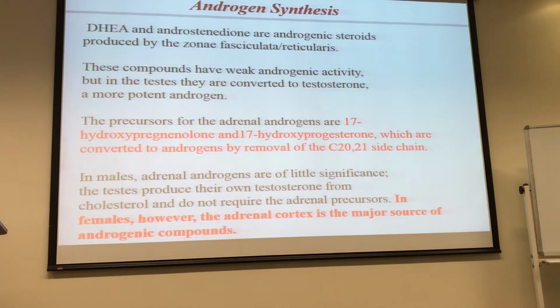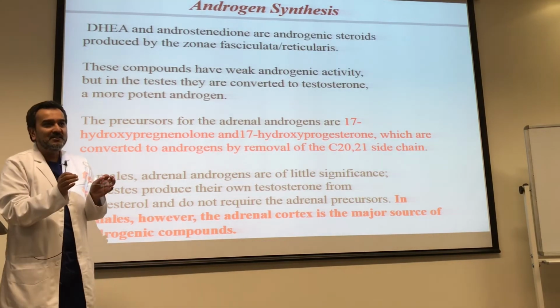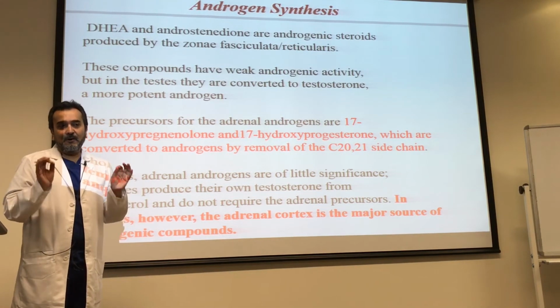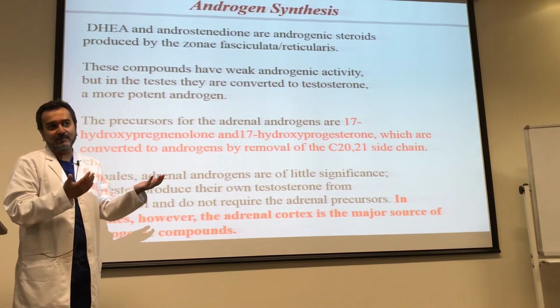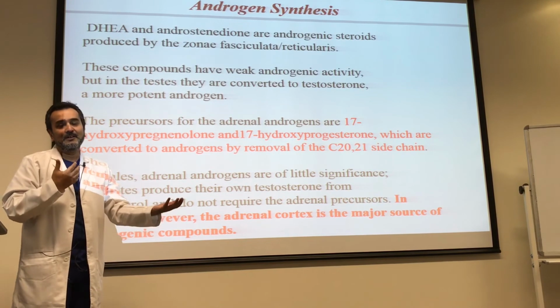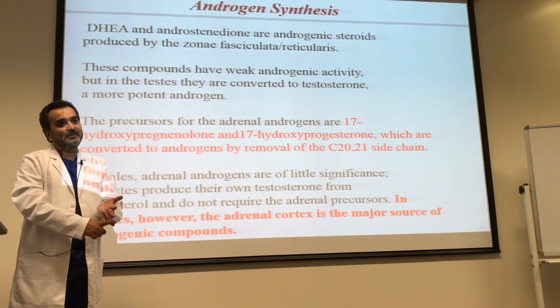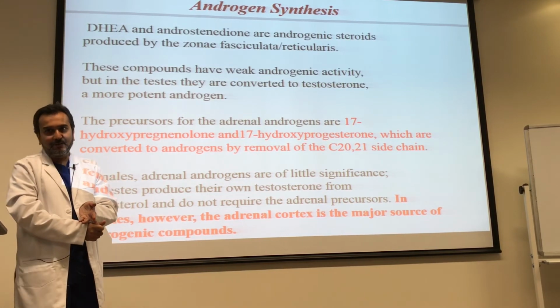This is the favorite question, although these diseases are not that common, but board exams test the synthesis of androgens by using the enzyme deficiencies. So they will keep on asking you, deficiency of 21-beta-hydroxylase, deficiency of 11-beta-hydroxylase, deficiency of 17-alpha-hydroxylase.